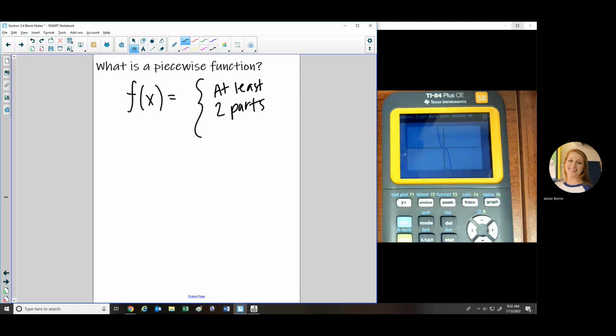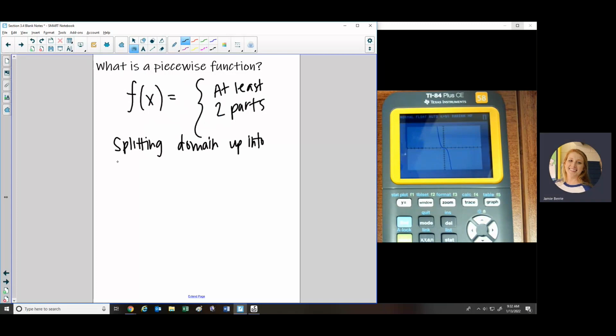This is where you're breaking your domain up into several pieces. That's why they're called piecewise functions. So you're splitting the domain up into several pieces.